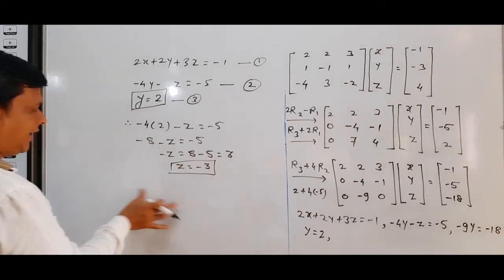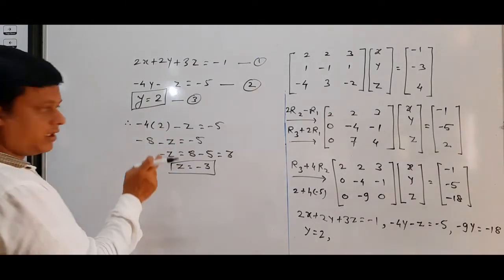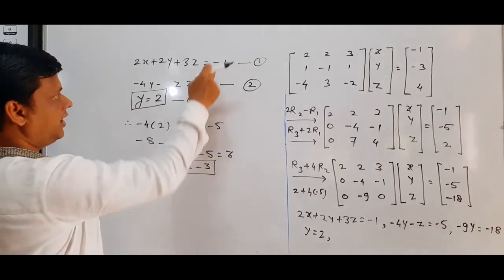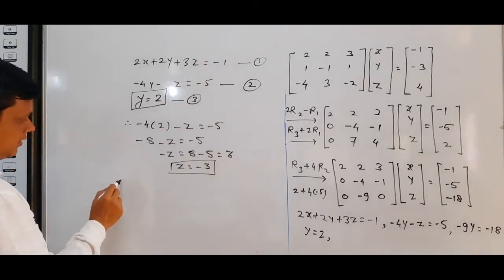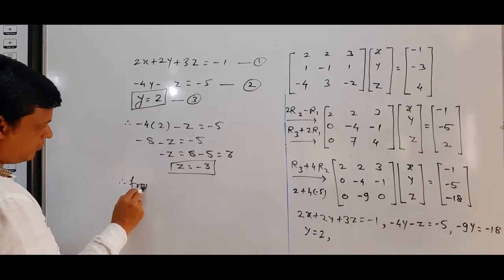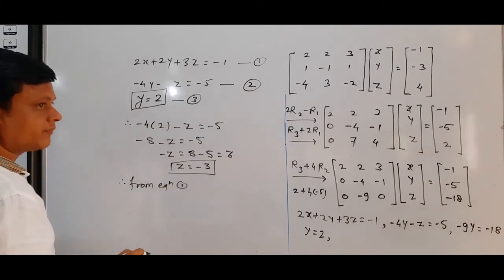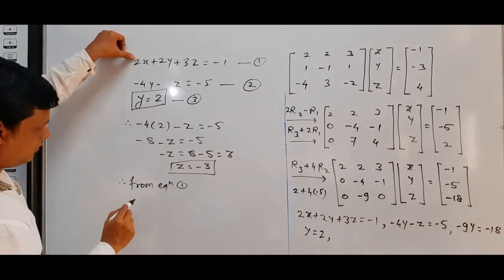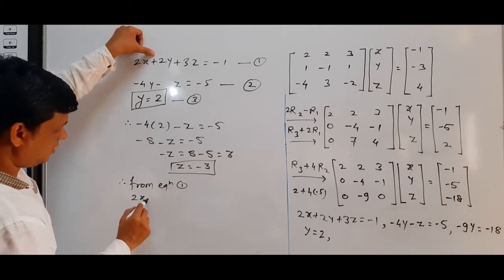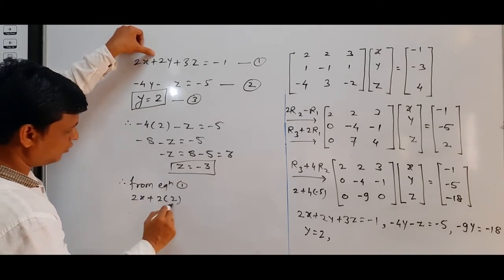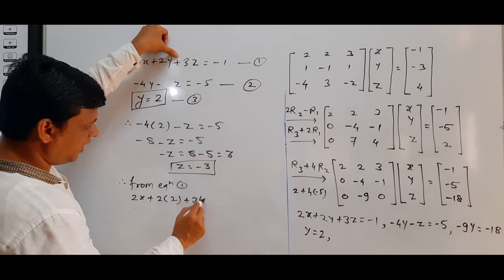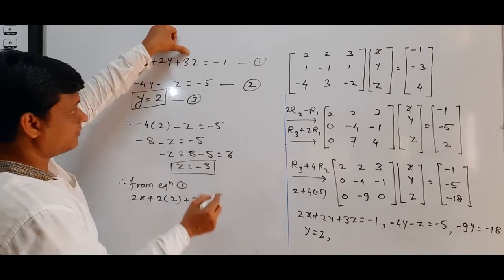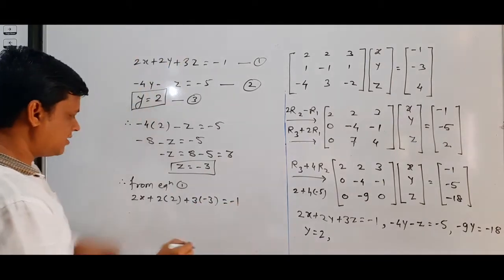Now we have to find the value of x. So substitute the value of y and value of z in equation number 1. Therefore from equation 1 substitute this value. So we get 2x plus 2 into 2 plus 3 into minus 3, because z is minus 3, is equals to minus 1.